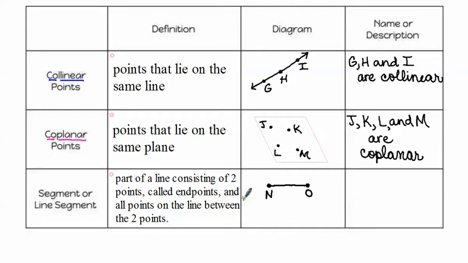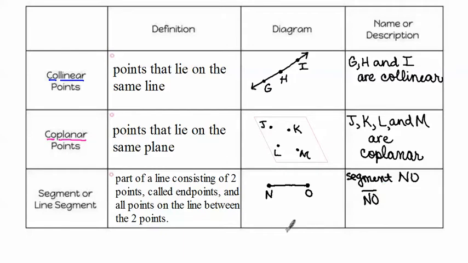Now when you name a segment, you can write the word segment out, but you're not going to see it that way. So if you wanted to, you could write segment NO or segment ON. But the more typical way that we are going to see it is the 2-letter approach like we did with a line. But now instead of drawing a line, we're going to draw a little symbol across the top that looks like a segment. You don't put the dots on the end.